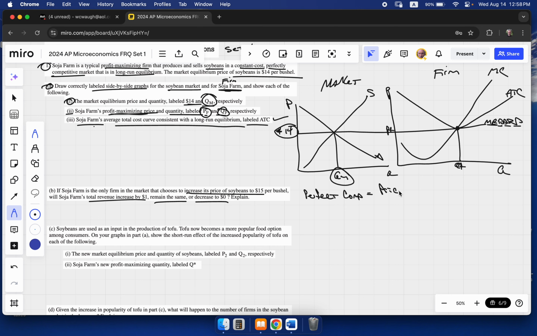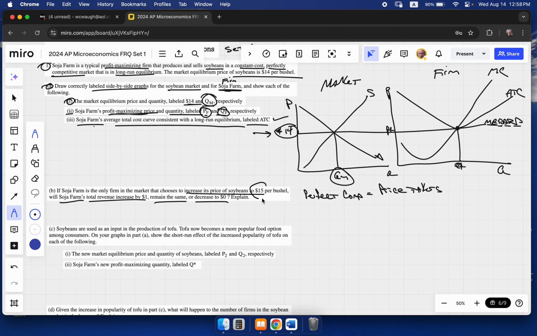They are what we call price takers. So since they have no price making power at all, and there are literally, let's say, thousands of these firms all producing the exact same good at $14, if old Soja Farms decides to increase their price to 15, they're going to find no customers whatsoever.